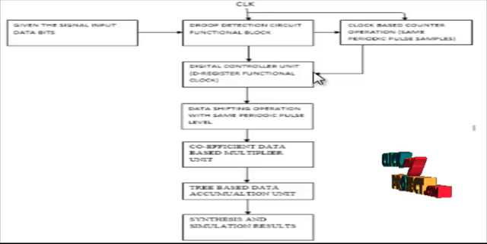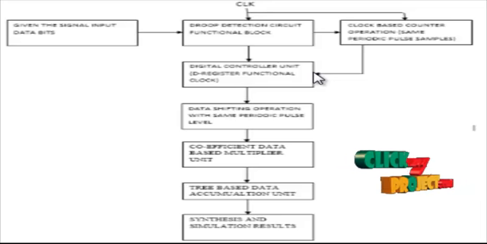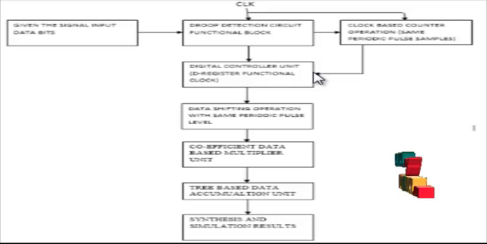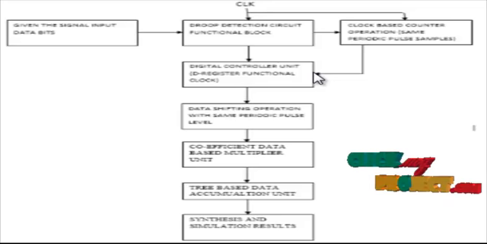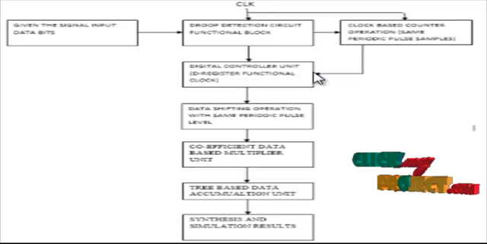Each and every time we update the trap detection circuit for the overall architecture process and get the enable line for every periodic sample, passing the coefficient data to the multiplier architecture for the overall 32 tap FIR filter architecture. So we apply the 32 coefficient signals for the 32 tap FIR filter architecture and pass the data to the accumulating unit.